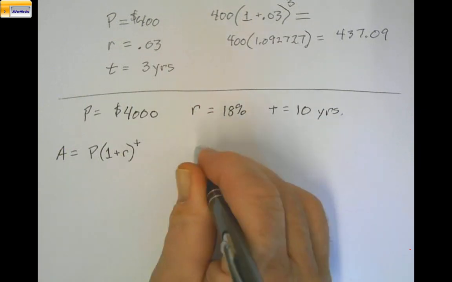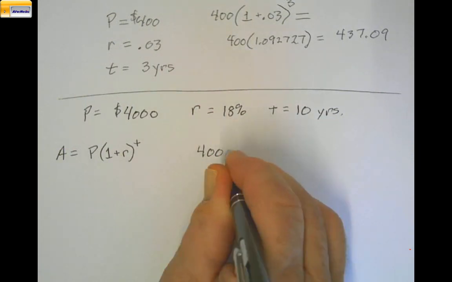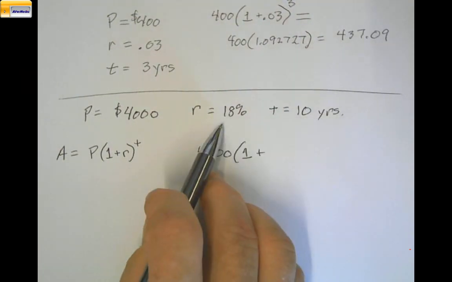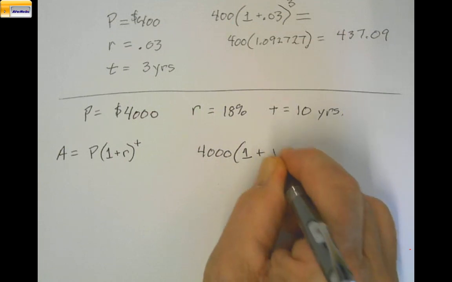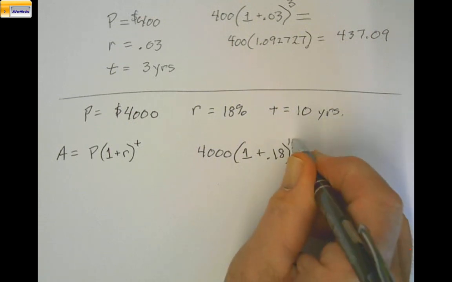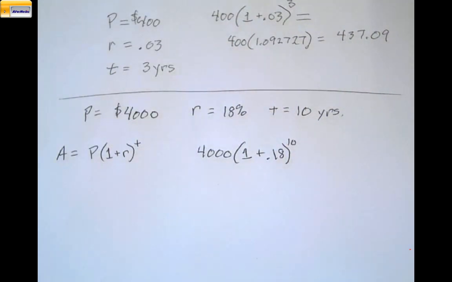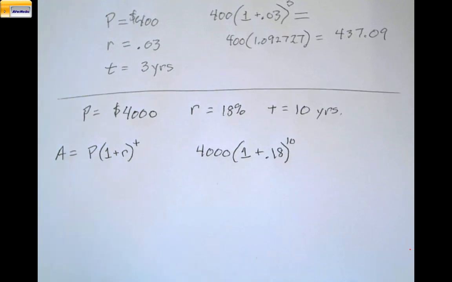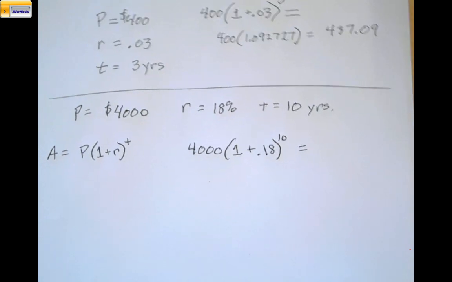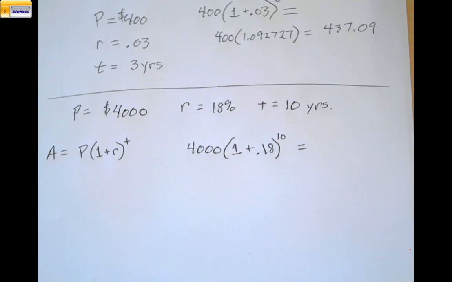I got $4,000 times 1 plus, now it's not 18, it's 0.18, right? We got to change that 18 to a decimal. And then 10 years, so we're going to the 10th power. And what this is going to tell us then is at the end of 10 years, how much is going to be owed. All right. Not how much the interest is, but how much is owed total if the interest is compounded each year and added back in. So let's do this problem.